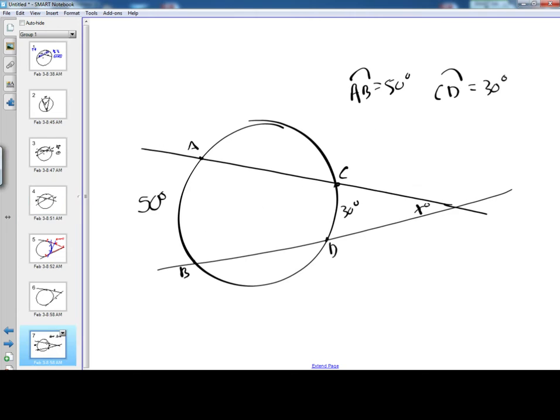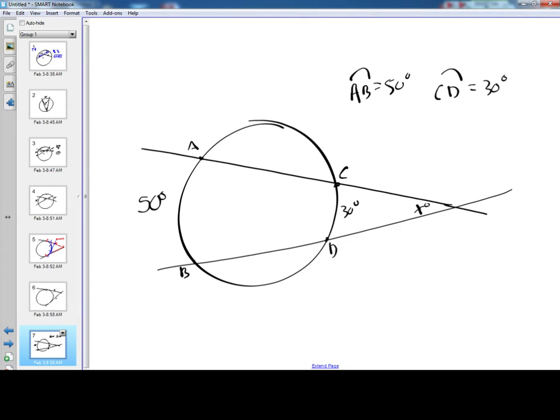This time, the two lines are intersecting outside of the circle. So here it's going to matter the order that you do it in, because if you add on the inside, then you subtract on the outside. Absolutely. If you add on the inside, you subtract on the outside. We're subtracting right now. So this is what you're going to have to do.